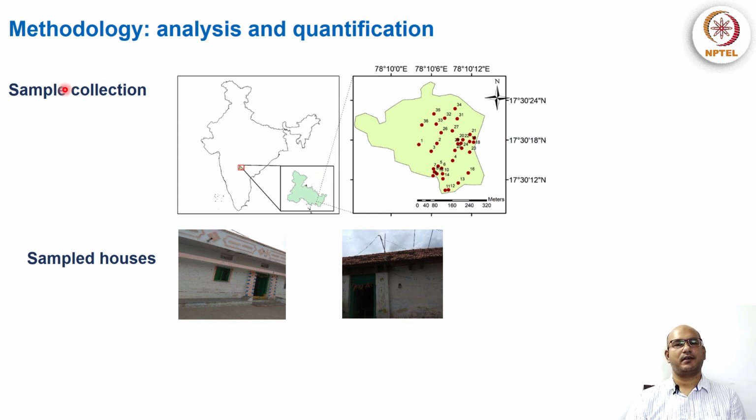The sampling area was the village settings in Telangana around this region. Around 35 houses were then selected in this village in South India, and this is an illustration of how the houses may look from the outside.